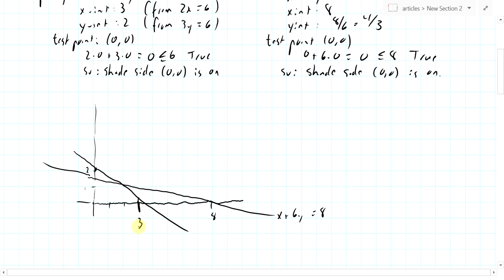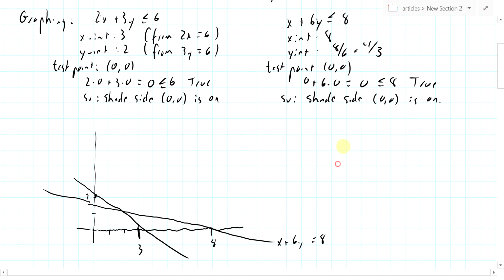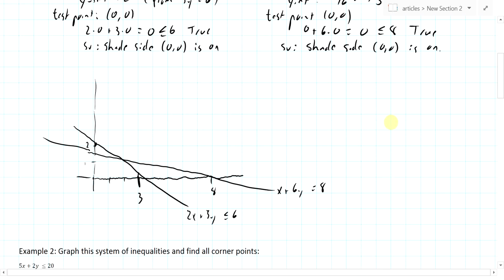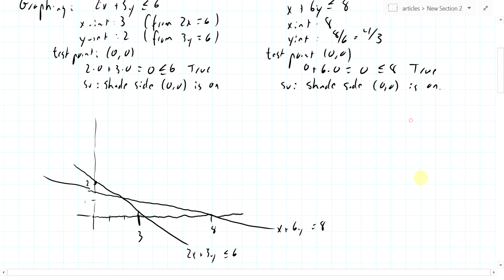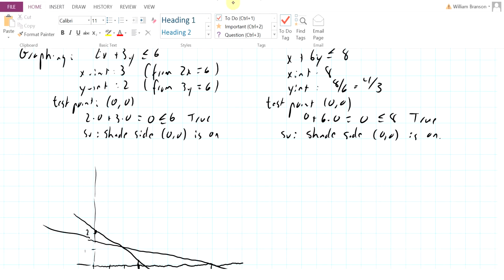Okay. So, for this line, 2x plus 3y less than or equal to 6, we need to shade the side that 0, 0 is on, so that's this side over here. For this line, we need to shade the side that 0, 0 is on. So that's over here. Right? So let's do some extra colors.